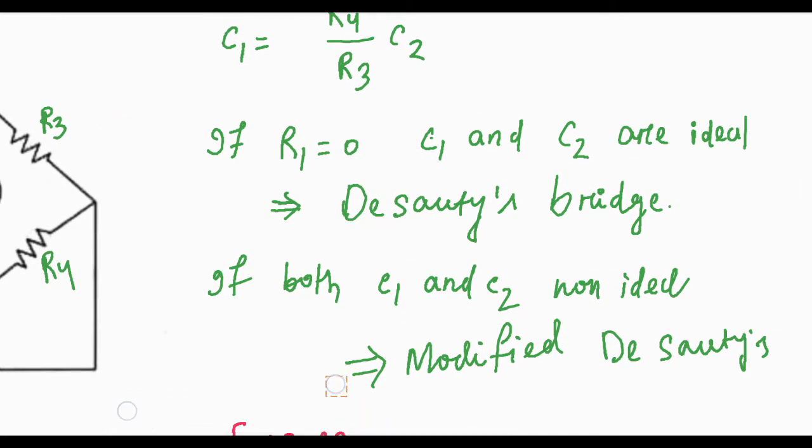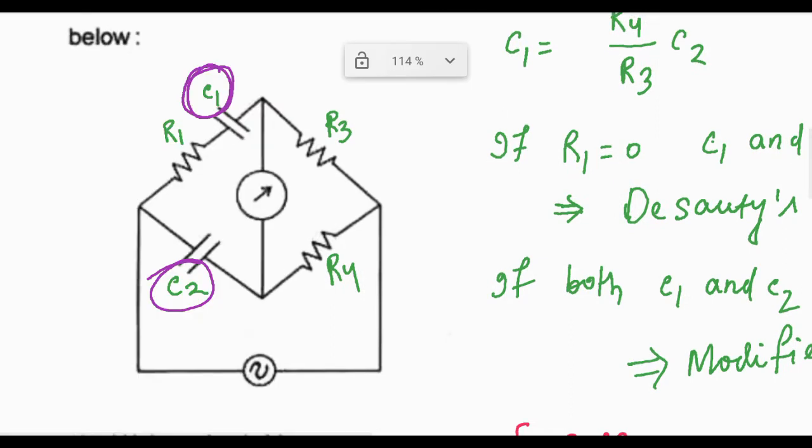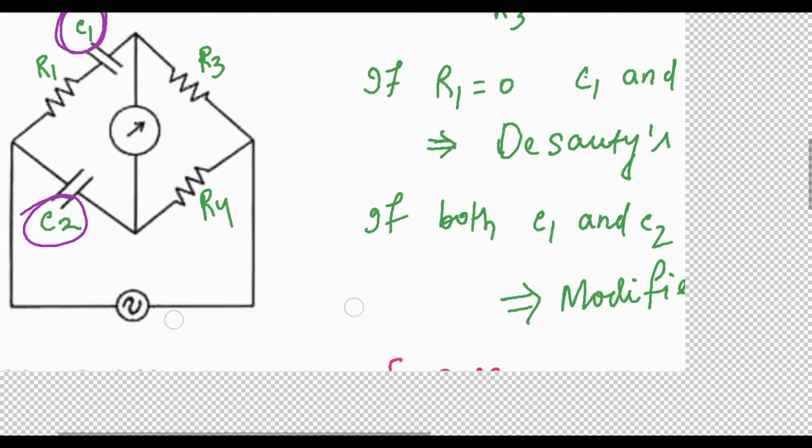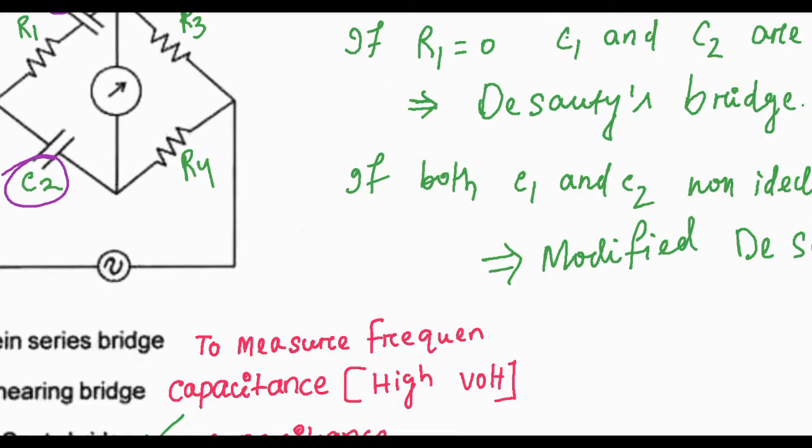If both C1 and C2 are non-ideal, that means a resistance is already given along with C1, we have to add another resistance with C2, so that this will be non-ideal for both C1 and C2, and this will be the modified de Sauty's bridge. So this design is called de Sauty's bridge.